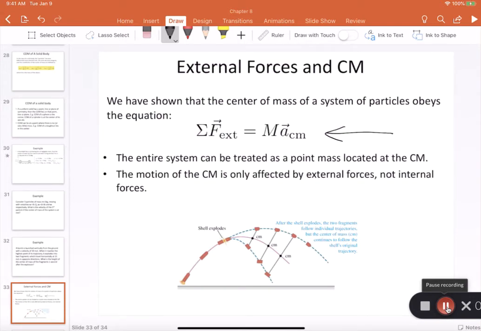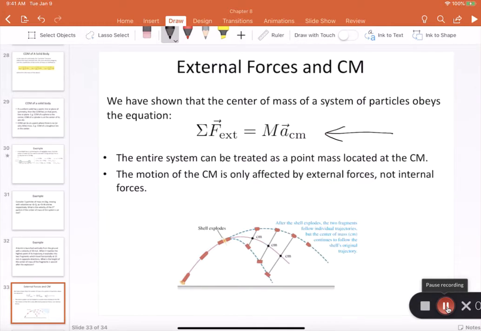Suppose you have a shell that's launched from a certain point, and then at some point after being launched, the shell breaks up into two pieces, right? The two pieces will go their own separate ways, but the center of mass of the two pieces will continue as if nothing happened. Why is that? Because the motion of the center of mass is only affected by external forces.